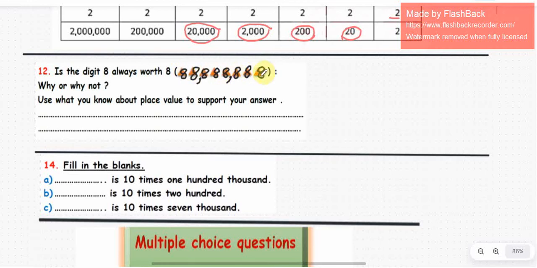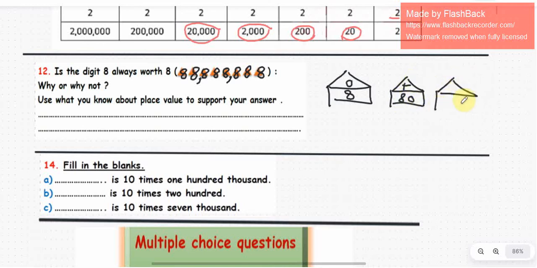So, the 8 under ones will be 8, right? But in the tens it will be 80, right? And the hundreds will be 800, and so on.